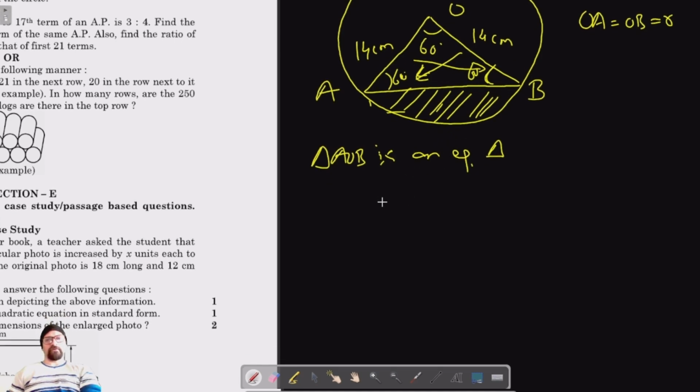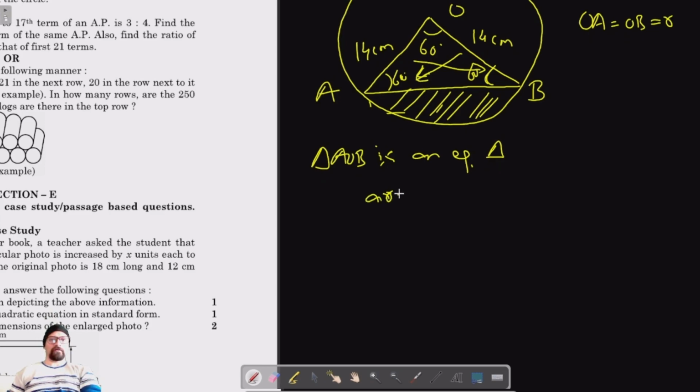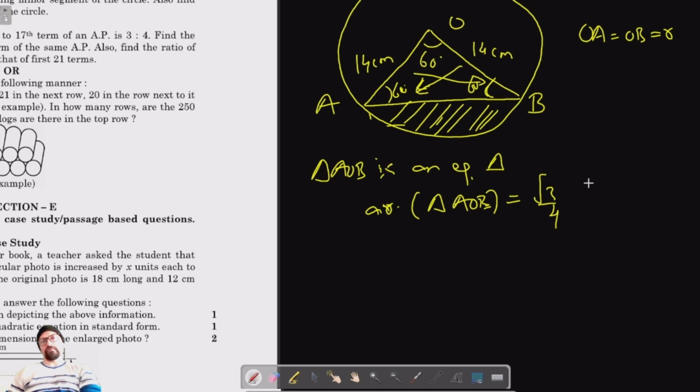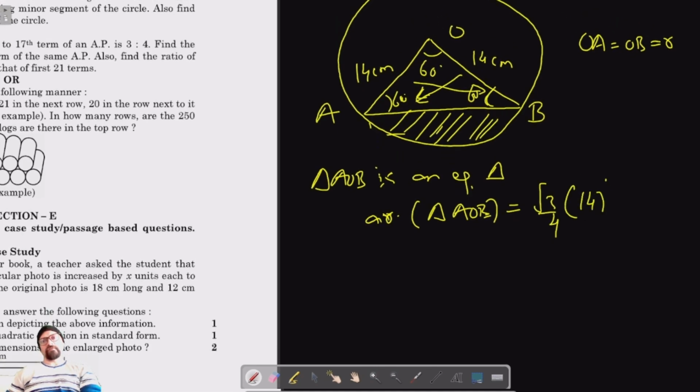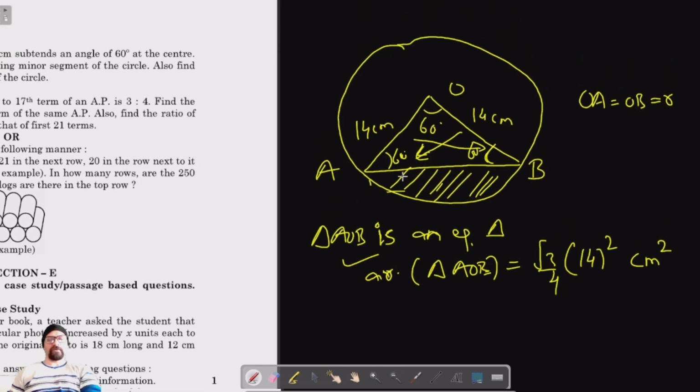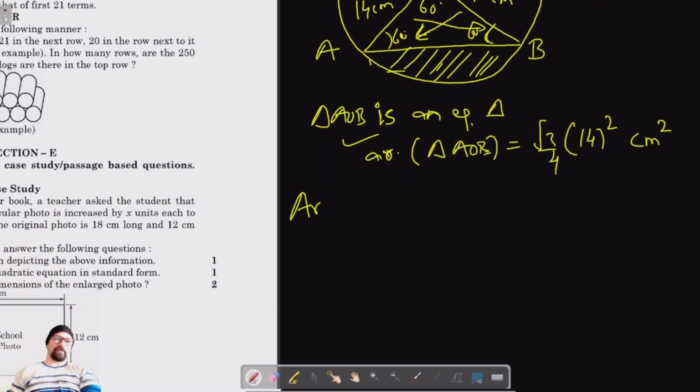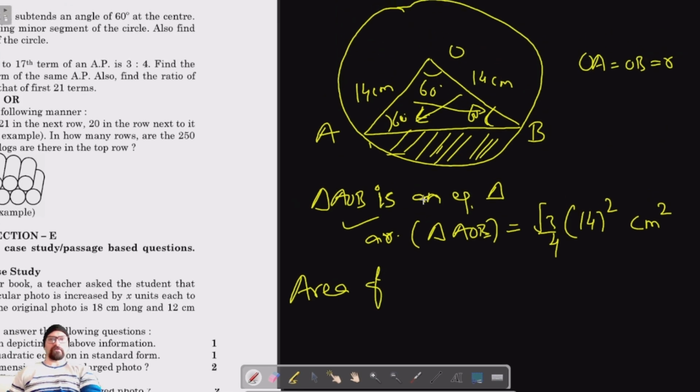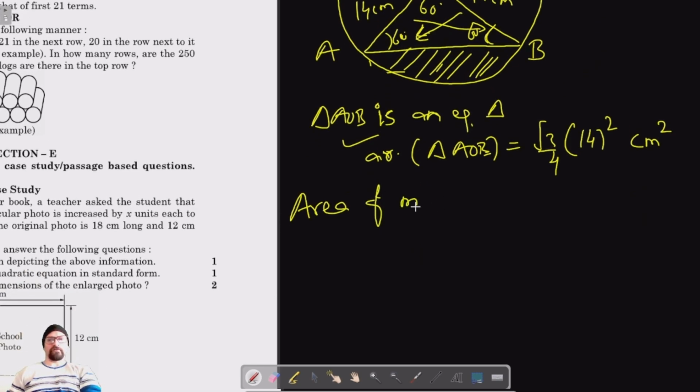Now triangle AOB is an equilateral triangle, therefore area of triangle AOB is equal to root 3 by 4 into side square, which is 14 square centimeter square. Now the area of minor segment is area of sector minus area of triangle AOB.